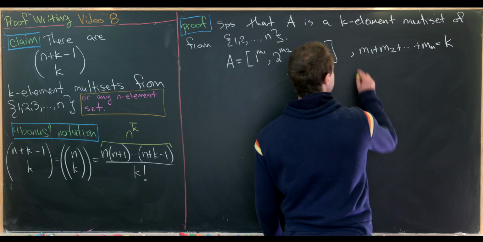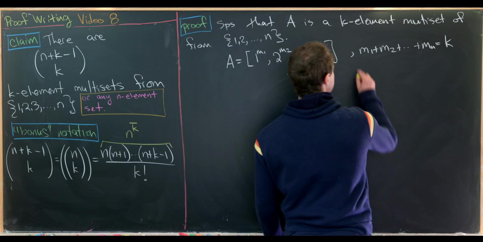Now we can take that solution and attach it to a multiset. The multiset would look something like this. So it would be x1, x1, and there would be exactly m1 of these. And then a bunch of x2s, and there would be exactly m2 of these, all the way up to xn, xn, and there would be exactly mn of these.